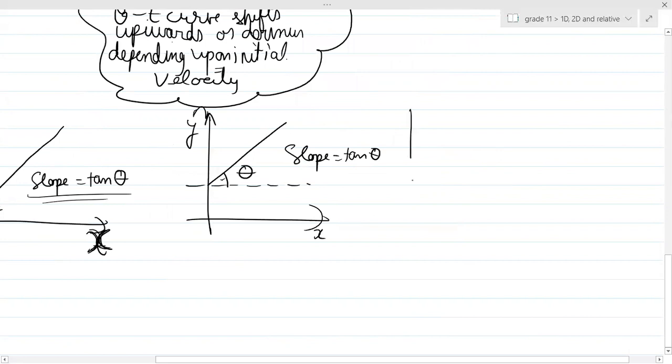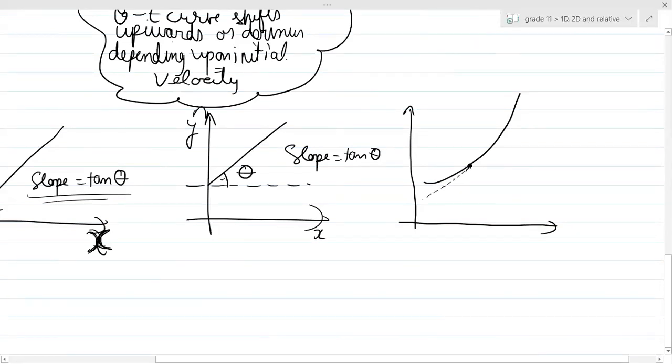If it is not a line but a curve, suppose this is a curve and you want to draw a tangent at this point, then what will you do? Since it's not a line, in a line you can easily measure the angle, but in the case of a curve, you need to draw a tangent.